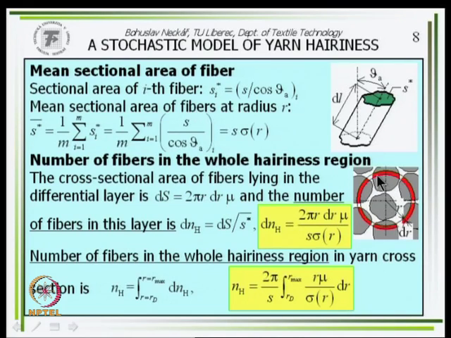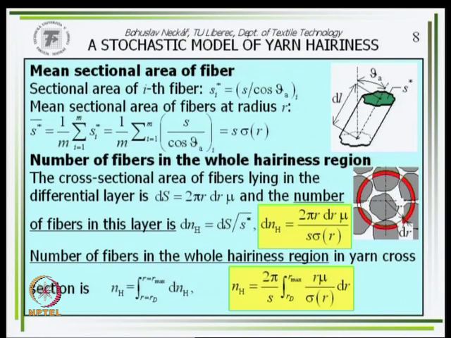This is the red area in some general differential layer. The number of fibers in such a layer is ds by S star bar, the mean sectional area of fiber at radius r, isn't it?